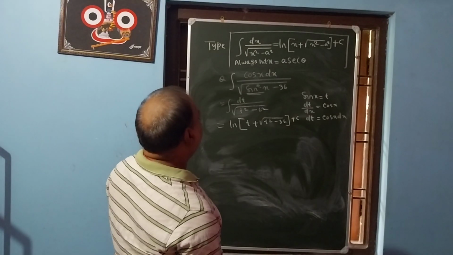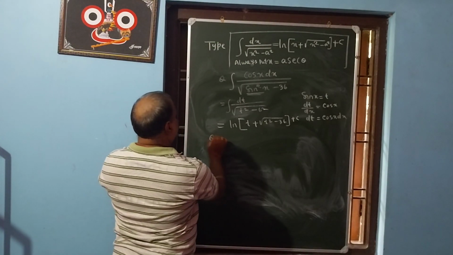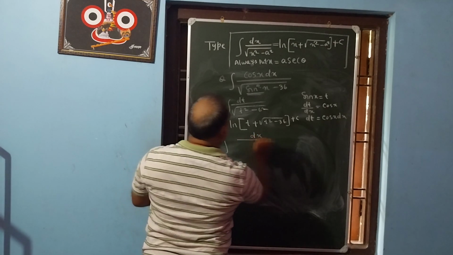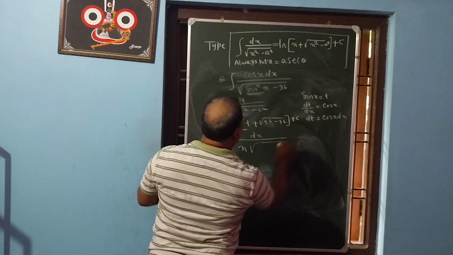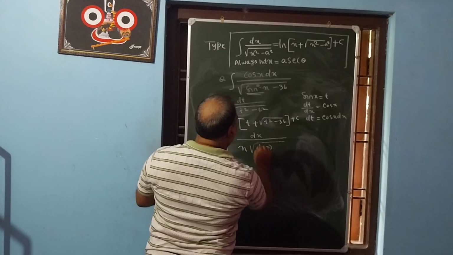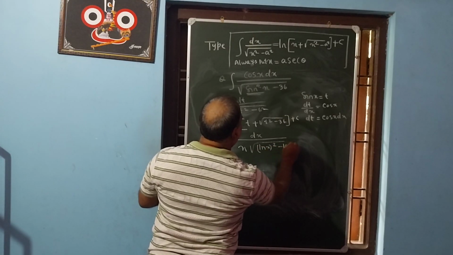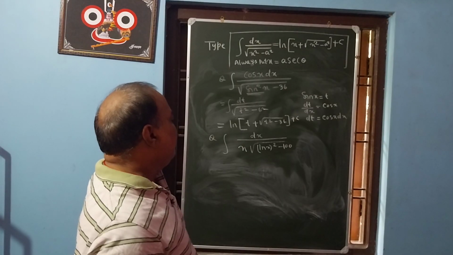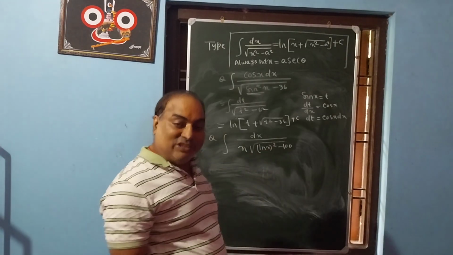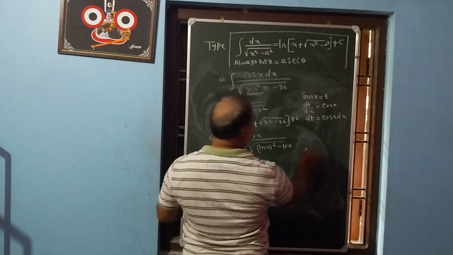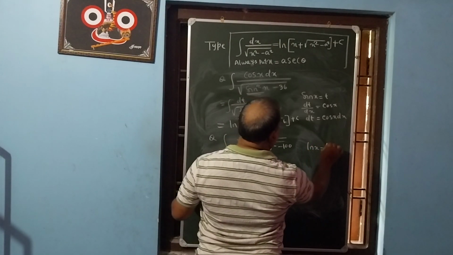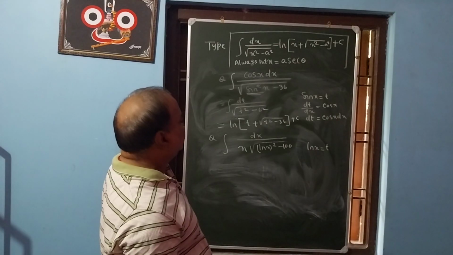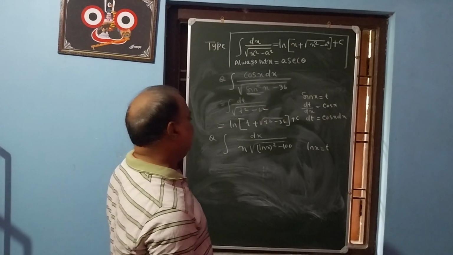Okay, so write down another question. Dx upon x square root of ln x whole square minus 100. First of all, we have to take ln x is equal to t. Once we take this, you have to differentiate on both sides with respect to x.